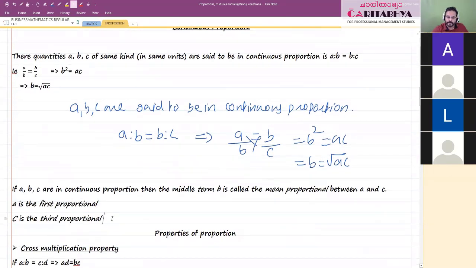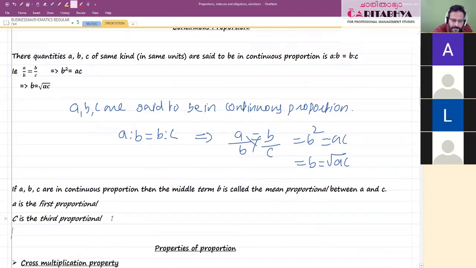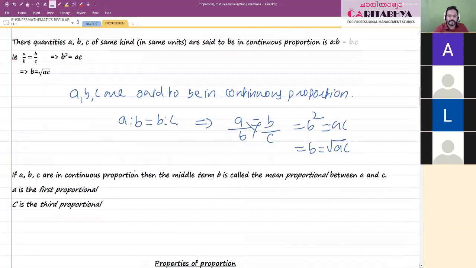Then note the next one, as it can come as an exam question. If A, B, C are in continuous proportion, then the middle term B is called the mean proportional.